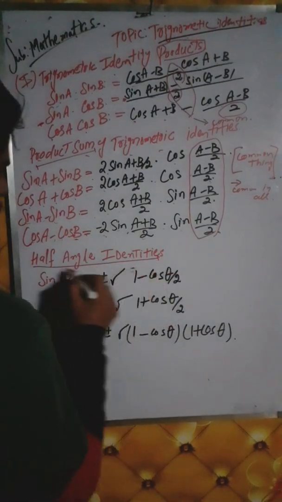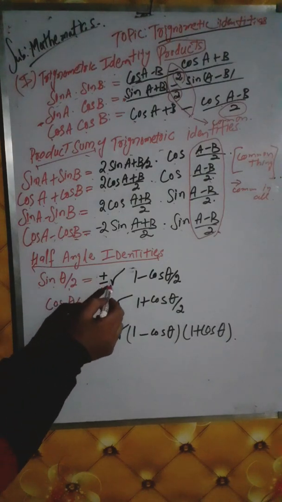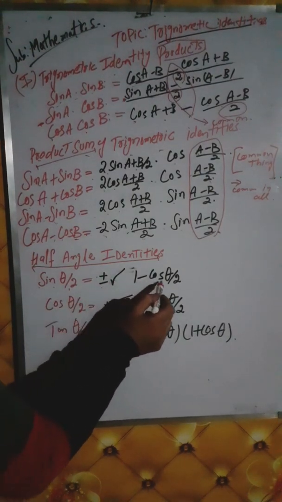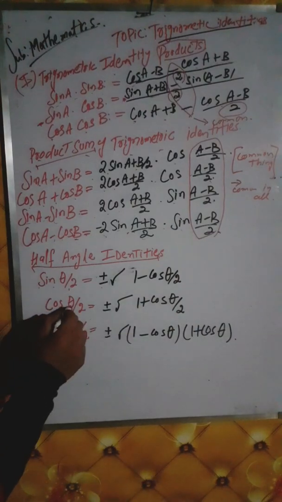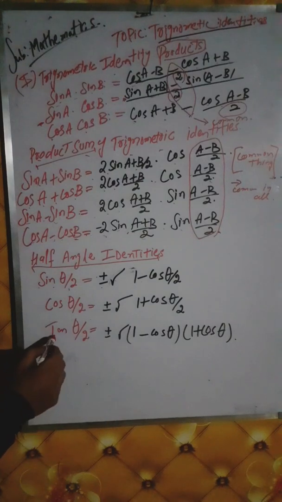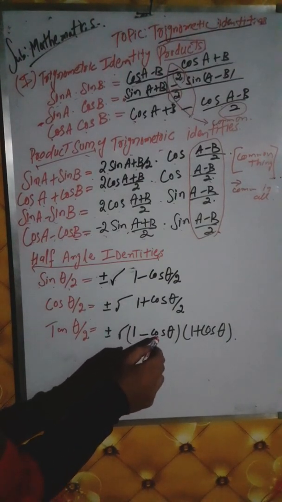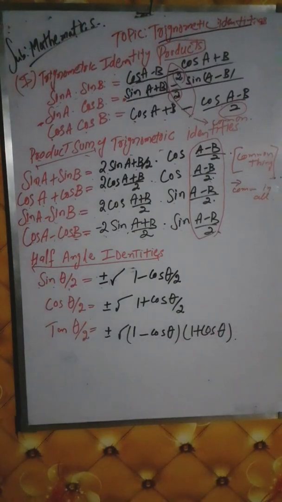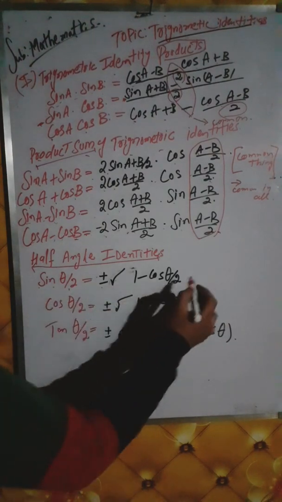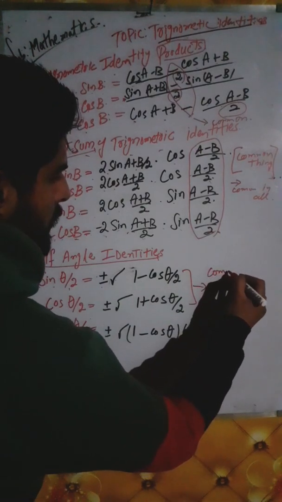Now I have half angle identities. I have sine of theta by 2 equals plus minus root of (1 minus cos theta) by 2, cos of theta by 2 equals plus minus root of (1 plus cos theta) by 2, tan of theta by 2 equals plus minus root of (1 minus cos theta) into (1 plus cos theta). Let me tell you, sine and cos get theta by 2 common.